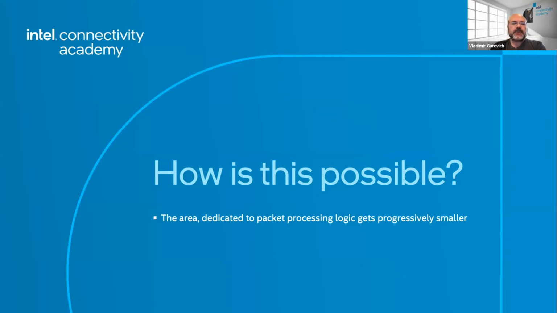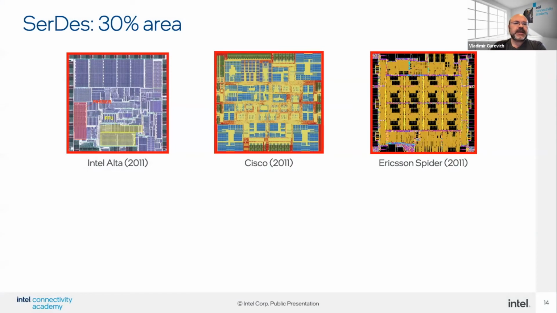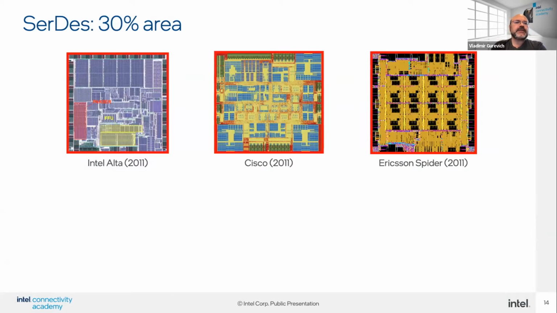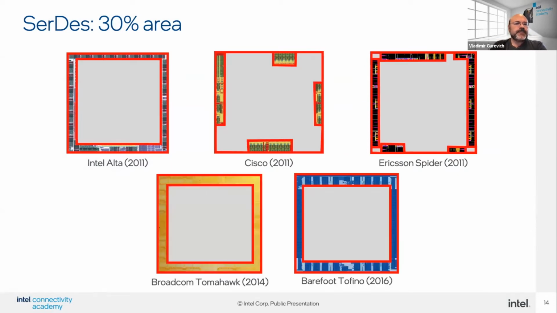And so I think one of the insights that we had is that if you actually try to dissect a typical switching device, you'll realize that a lot of the silicon area used by a device is not used by the switching logic. So pretty much every device you can take, about 30% of the area is spent on something that is not related to the data plane algorithm at all.